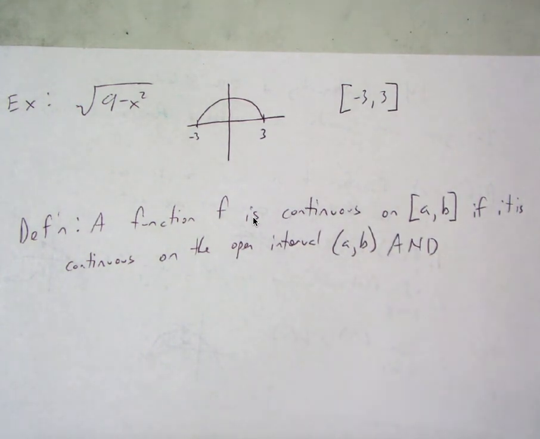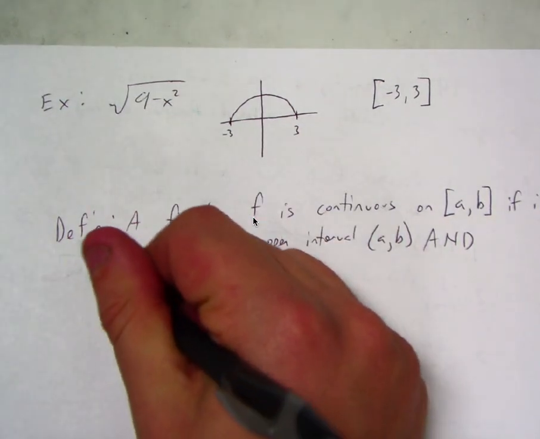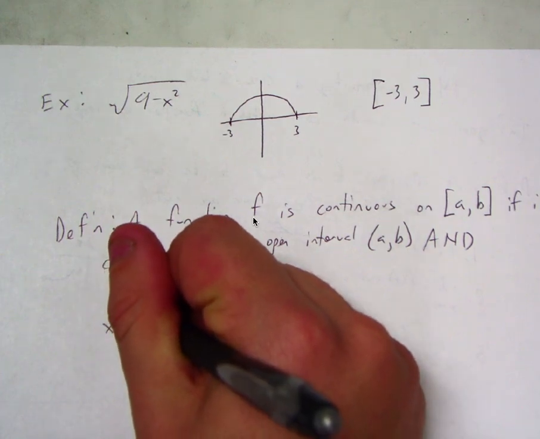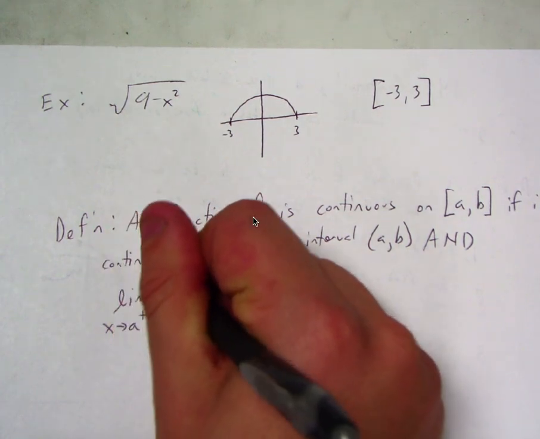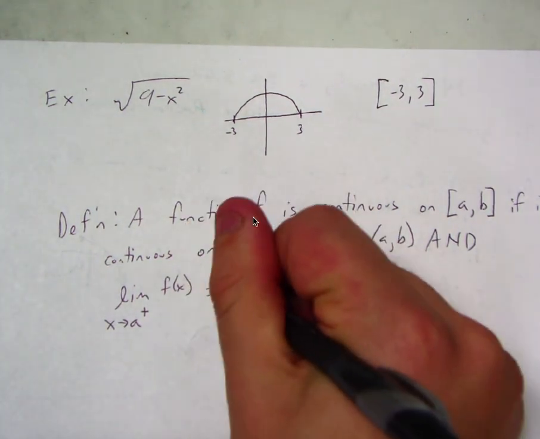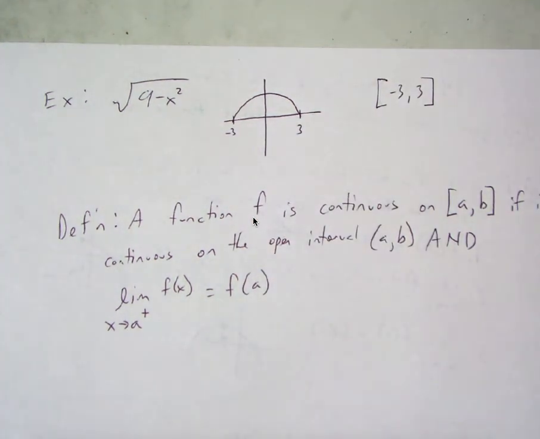Well, here's the next thing that has to be true. The limit as x approaches a from the right of f of x must equal f of a. So we're talking about one-sided limits here, and I'll explain what this means in a second.